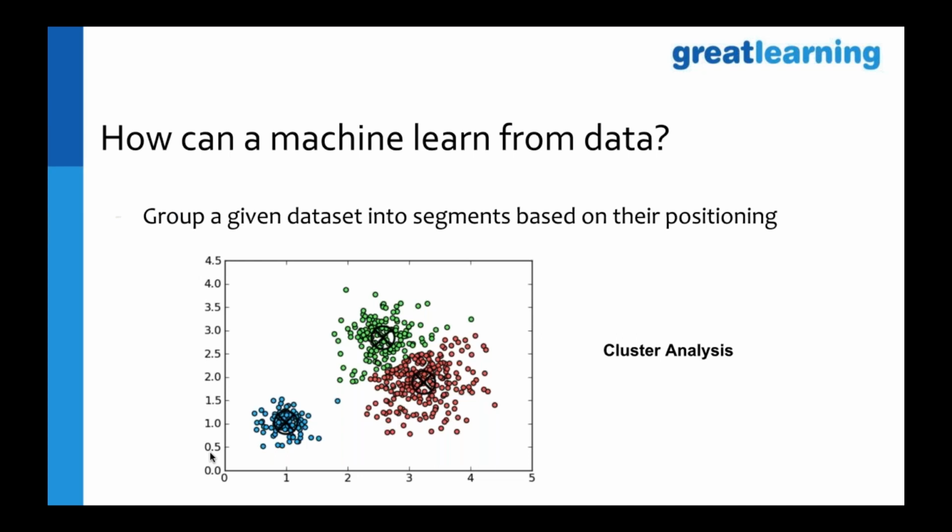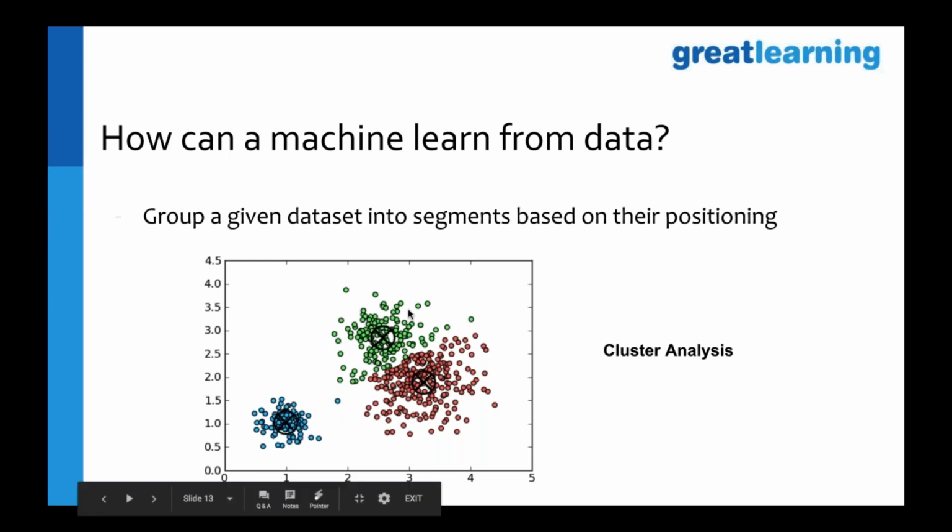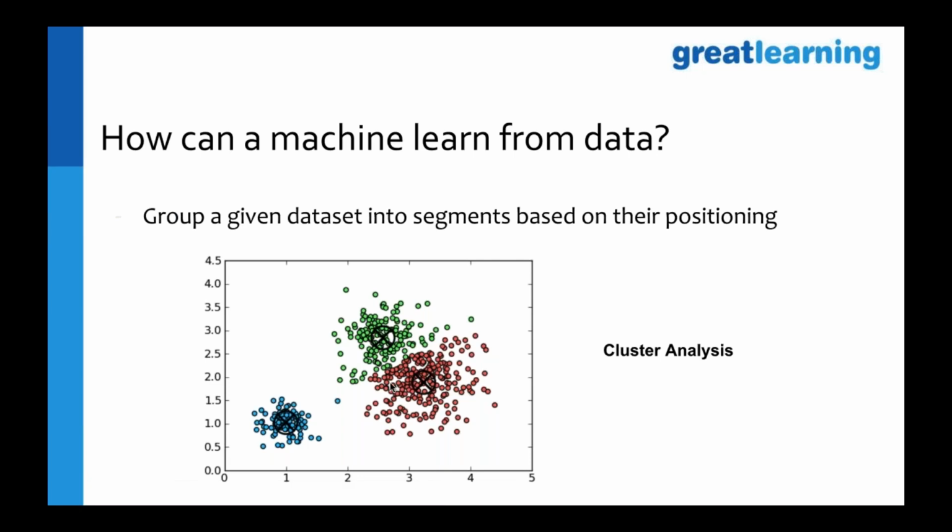And given that, what it has done is it is trying to put closer things together, people who have similar behavior together. And it's trying to break this whole data set into 3 clusters because you told it to break into 3. If you ask it to break it into 4, who knows? Maybe this will be one cluster, definitely. This would be one cluster. Maybe it will come up with 2 clusters here, 1 cluster here and 1 cluster here. If you ask it to break it into 5, it will come up with different clusters.